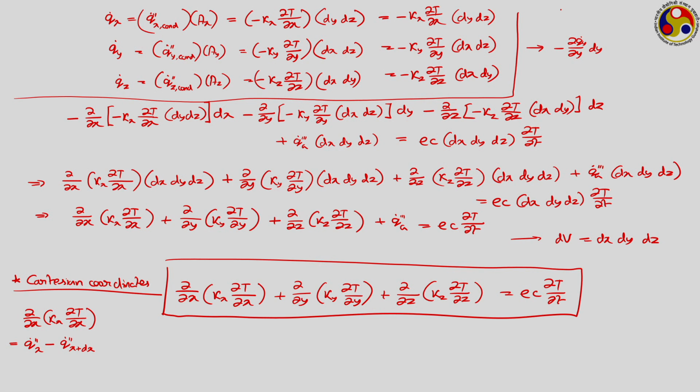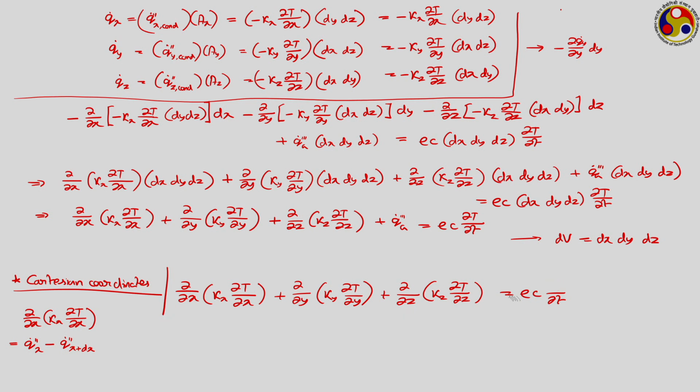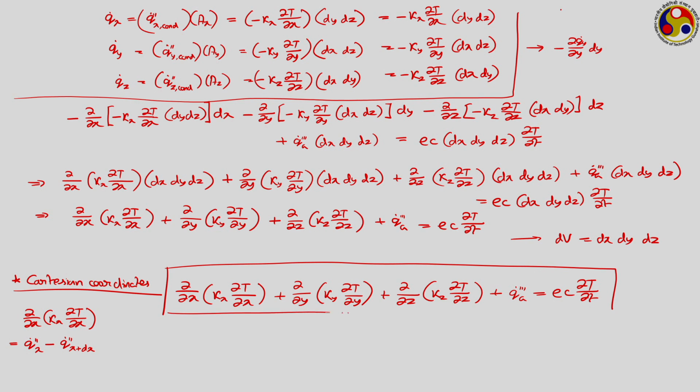Similarly, the second term, actually I have missed something. While writing the final term, I should have had the q̇g. Sorry if any of you are confused, because that was a mistake while writing this. Now, the first term therefore represents the net conduction flux.